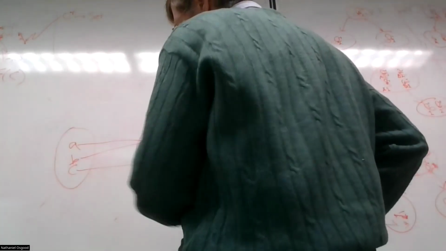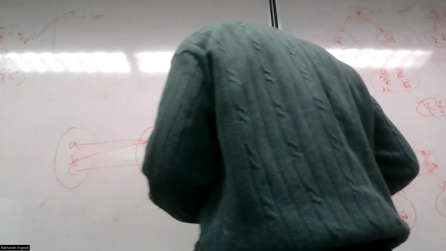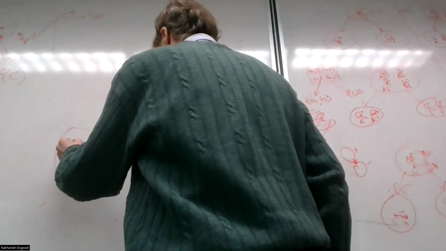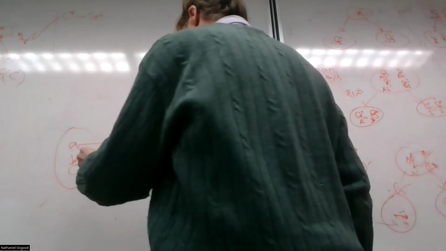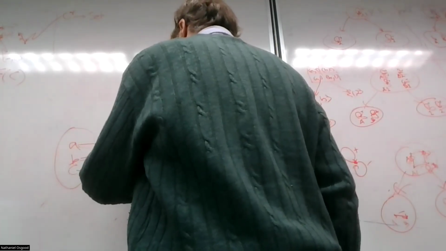Okay, so here's our F, and now we want to have a G. I'm going to have G map A to 1, and I'm going to have it map B to 0, and C also to 1.